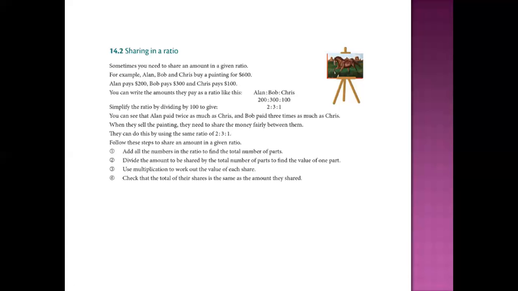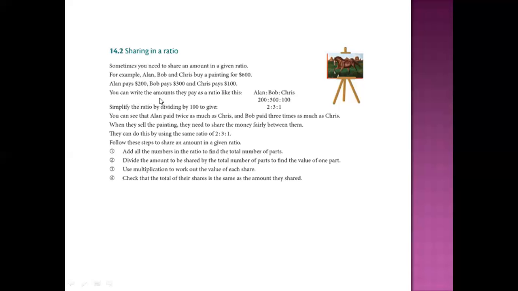Sometimes the payments are not the same. As you see here, each person pays a different price. The first member, Alan, pays $200, the second member, Bob, pays $300, and the last member pays $100.